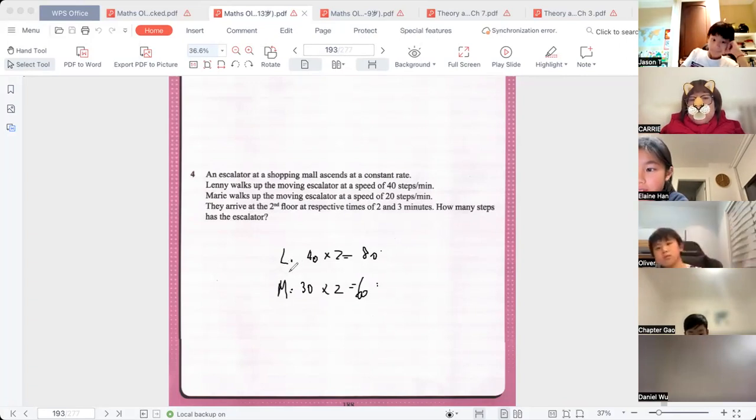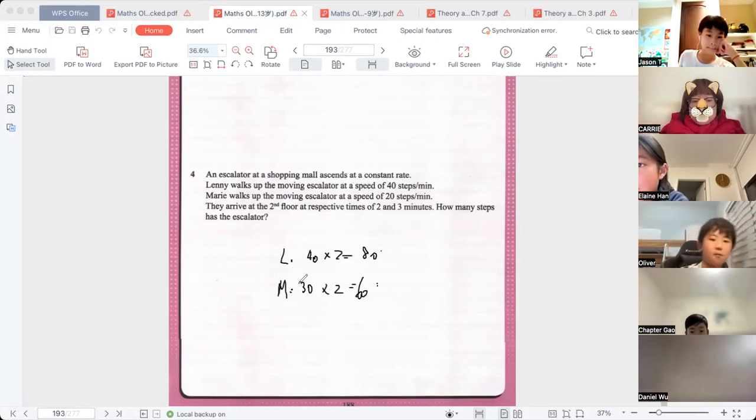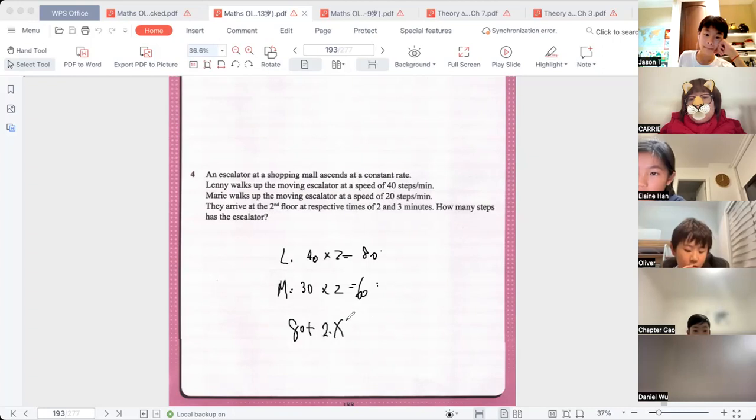The reason is because Lenny did it really quickly. 那 escalator 自己往上走的那段时间是不是就少了呀？ So basically, you take 80 and you need to add what? 2 times the speed of the escalator itself, which should equal 60 plus 3 times x, x being the speed of the escalator itself. Understand, Oliver? 对不对？因为你在往上走的时候，这个 escalator at the same time is also moving forward with you.